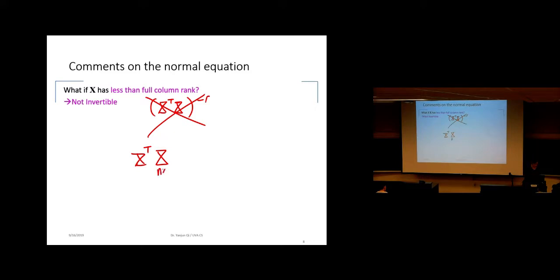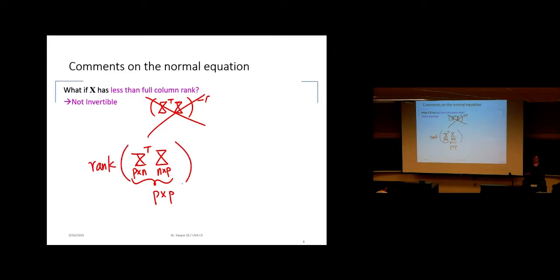We know X is n times p, and because this is the transposition, it is p times n. Together, this is a p times p matrix, right? So to be able to invert this matrix, its rank has to be p, right?